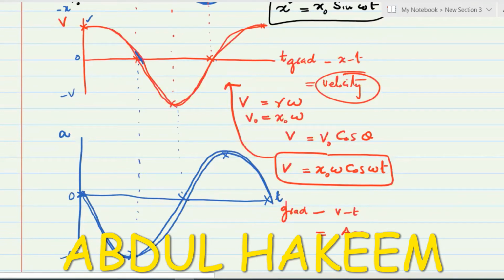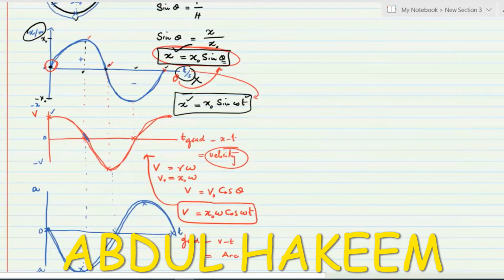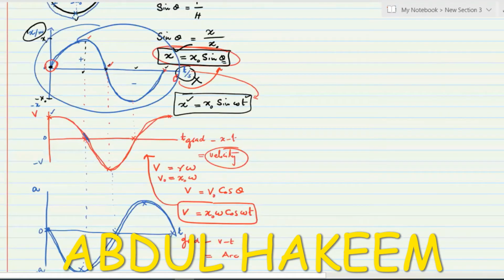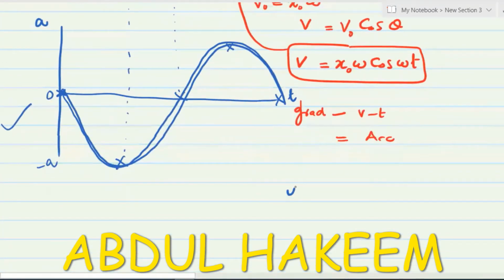Now the equation for this. Look, the first graph is the sine graph, this one. And this graph is the reflection of the first graph. So if this is a sine graph, then this will be a minus sine graph. It is the opposite of it. So it is called the minus sine graph. So we can write again, a is equal to a naught minus sine theta.